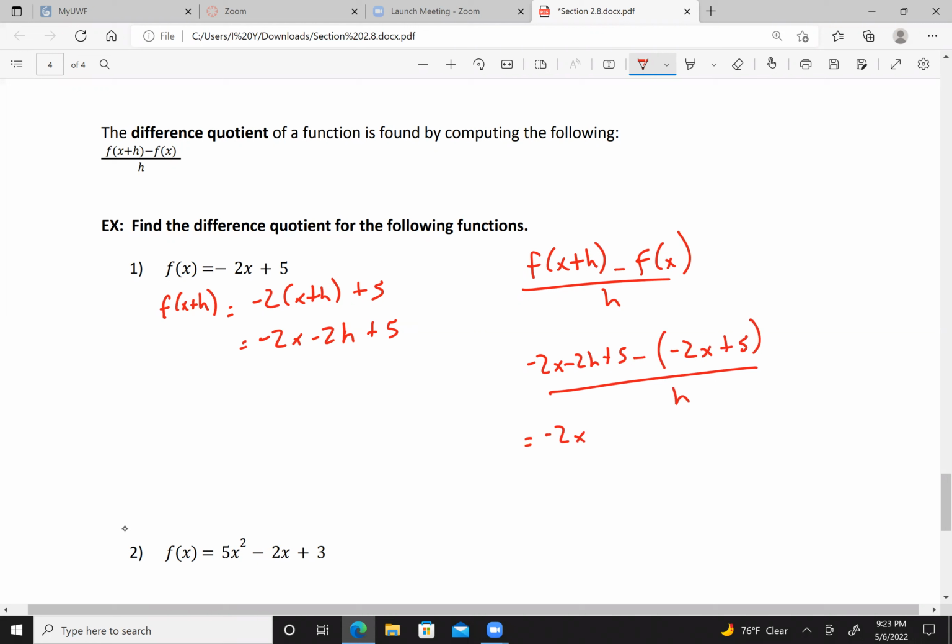Minus a negative is plus 2x minus 5, all over h. Negative 2x, positive 2x, 5, negative 5. I get negative 2h over h, which is negative 2.